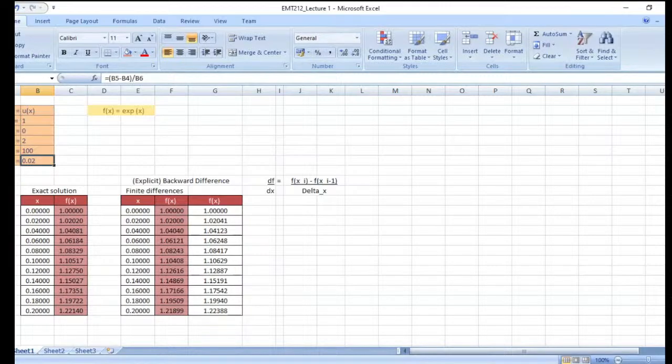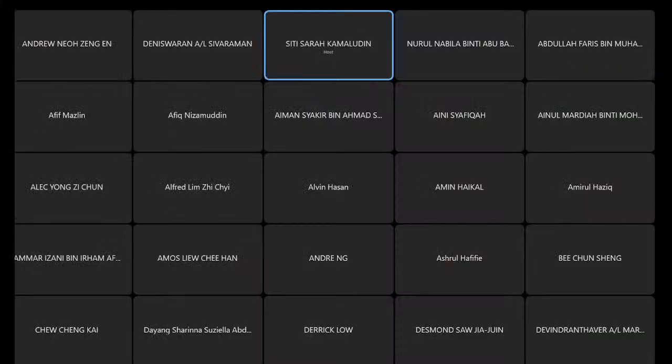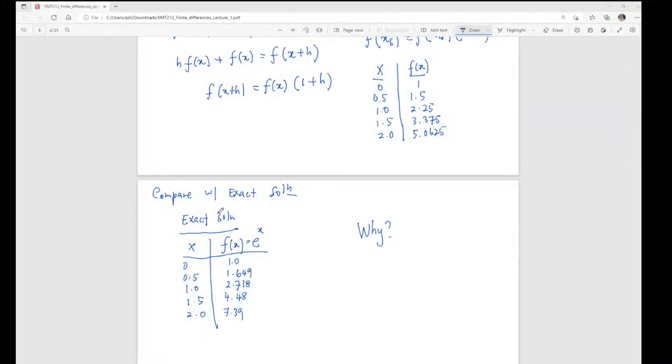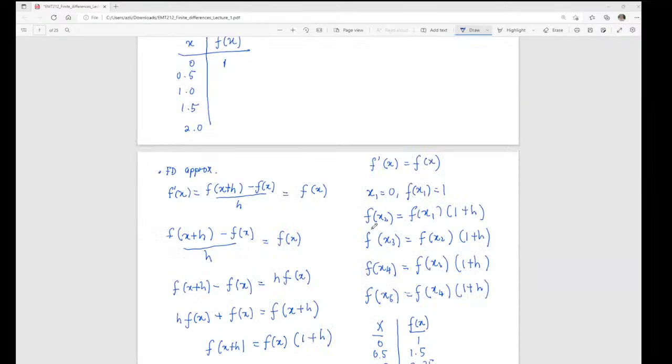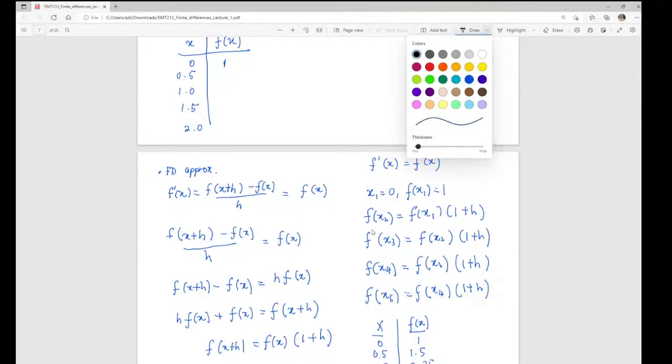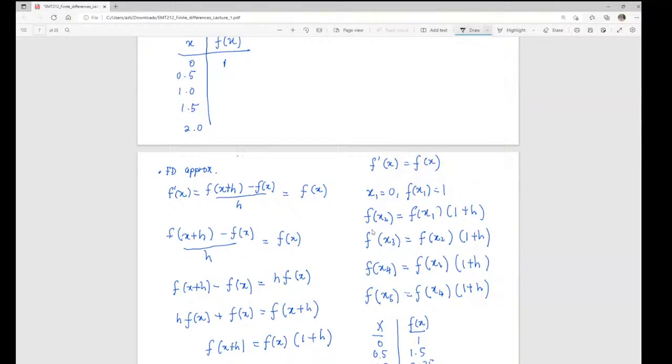Any questions on this? By the way, I'll stop sharing this and share back the other screen. By the way, the equations that we are using, we call this forward, or implicit.